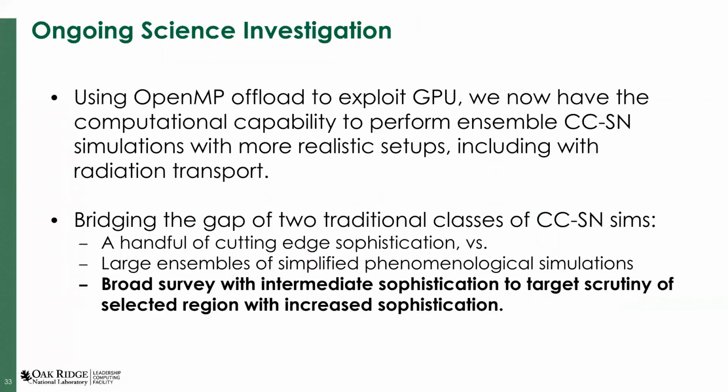So now that we have OpenMP offload in our code to exploit GPUs, we have the computational capability to actually perform a similar ensemble simulation with a much more realistic setup, including radiation transport. So our goal is to bridge the gap between the 2 traditional classes in core-collapse supernova simulation. Typically, a simulation effort has either only a handful of cutting-edge sophistication simulations, or a large ensemble but simplified phenomenological simulations.